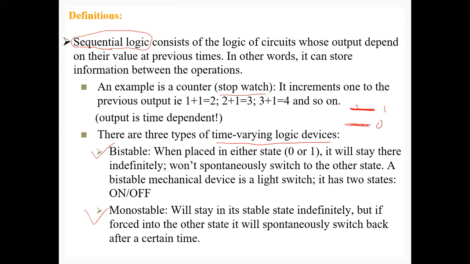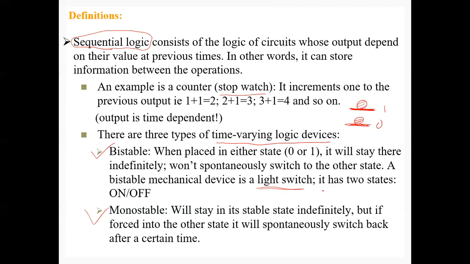Okay, if you put it here, it will be there forever. If you put it there, it will be there forever. That's called bistable. For instance, your light switch, right? This is just a mechanical device, but this will make sense. Even though we are talking about digital, we can understand how it works with the help of a mechanical device as well.